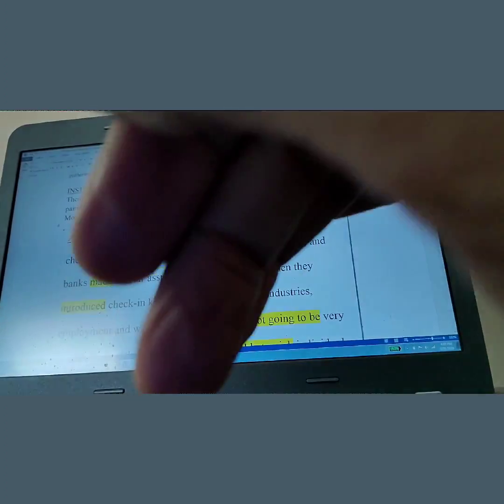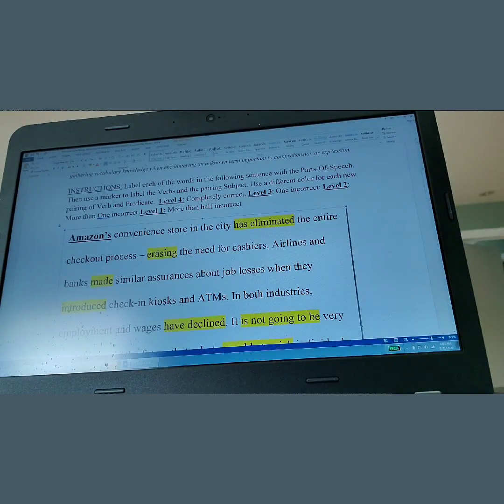Who is eliminating something? Amazon, right? I know Amazon has eliminated something. And then it says erasing the need for. In a sense, Amazon is erasing the need, right?